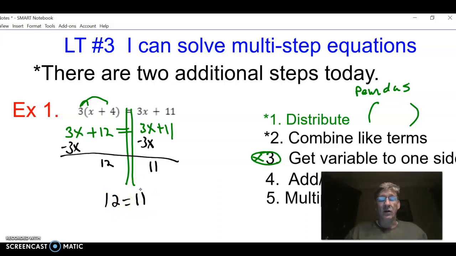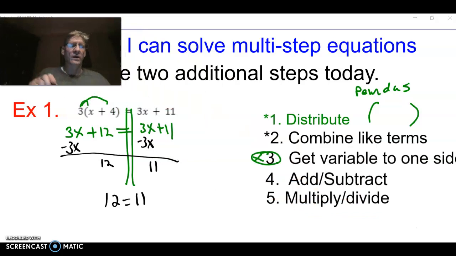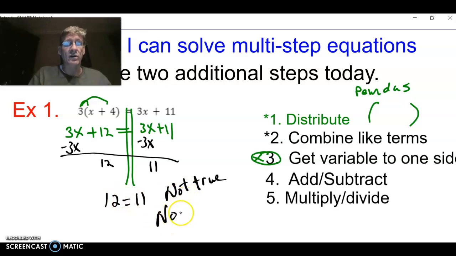Well, you know, I wasn't really expecting that to happen, but I knew I didn't want to take it off because that can happen. And if you ask yourself, does 12 equal 11? No, that is not true. Not true, which technically I guess would make it a lie. But that means if it's not true, then there is no solution.